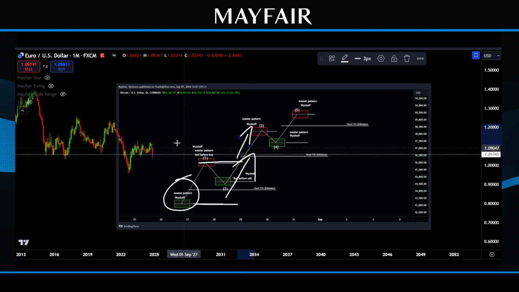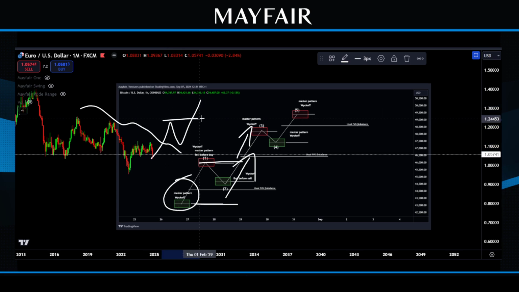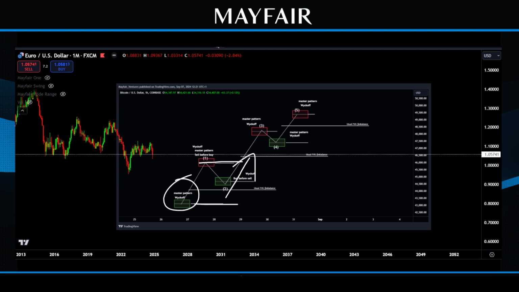Again, like I talked about with the moving averages in the last video, if you have this move down and then we break up, come back and retest and go, the chances are you're going to have a lot more buy-in at this point.